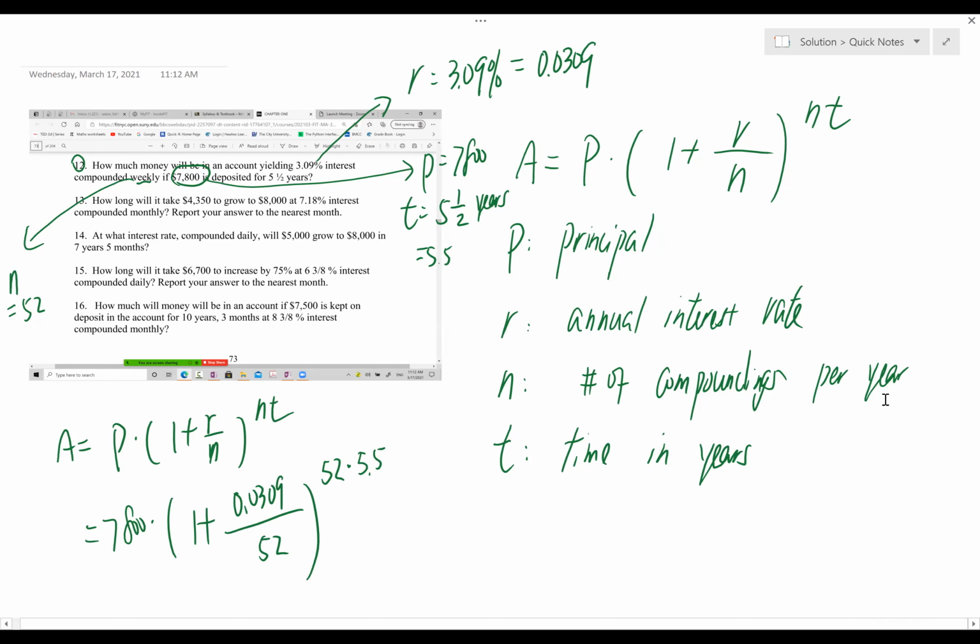You can calculate this in Excel or in a calculator, whichever you prefer. I'm going to show you how to get the result in Excel. You can also try it in your calculator.